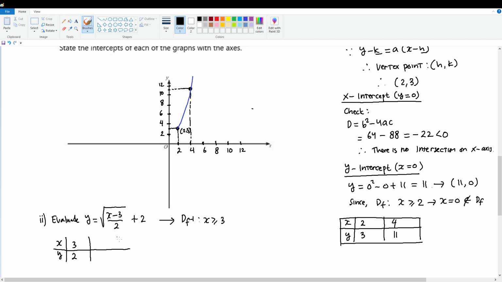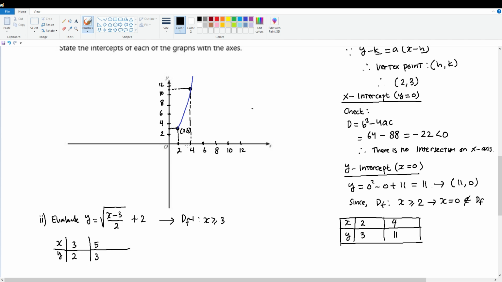After that, we want to find integers here, so I choose 5 for the next number. And then if you put x equals 5 in this function, you will get the value of y is 3.